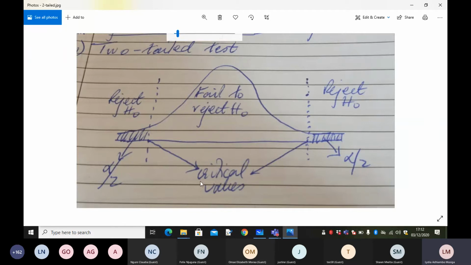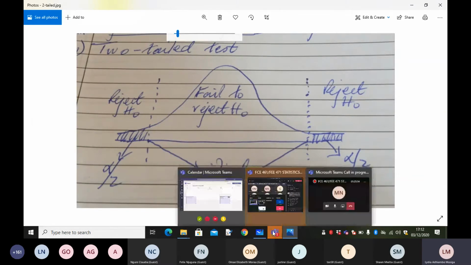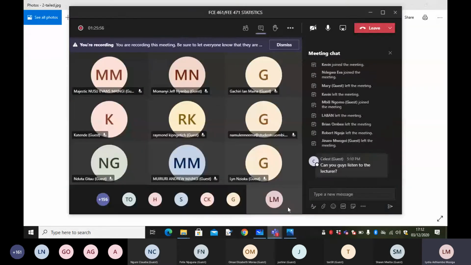So suppose we make some calculations and we find that the value we found falls in the rejection region. Now I'm looking at the rejection region on the right. Okay, there is a question, or I hope my screen is visible.